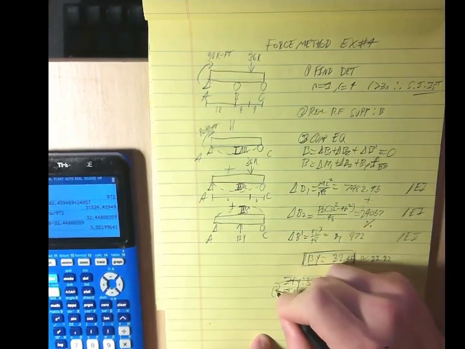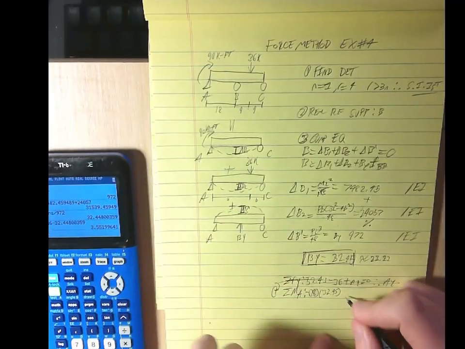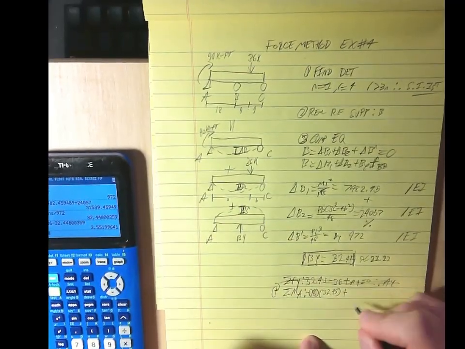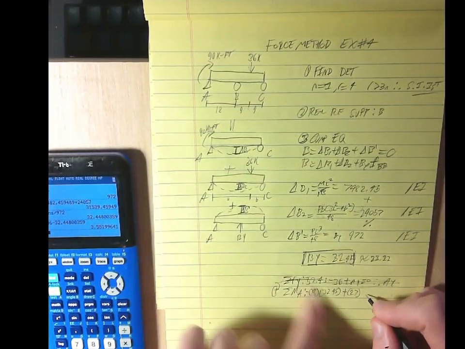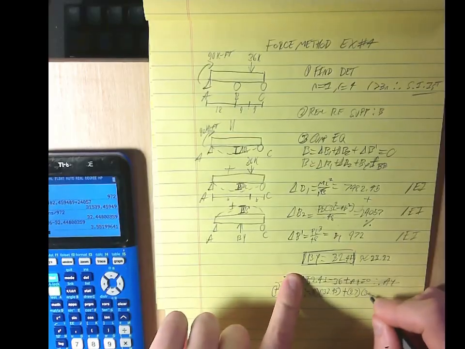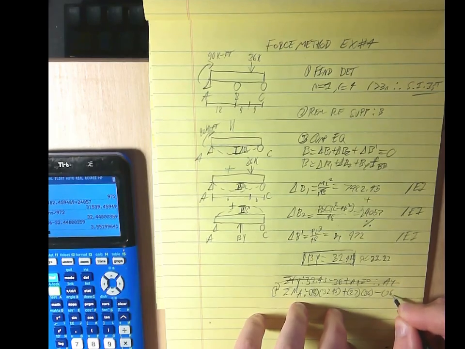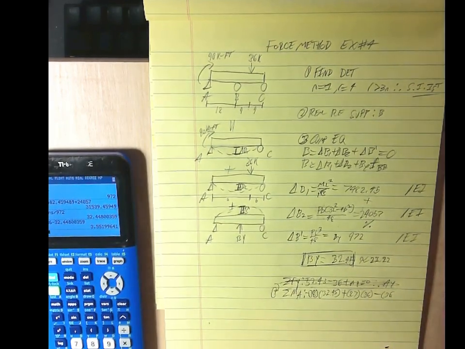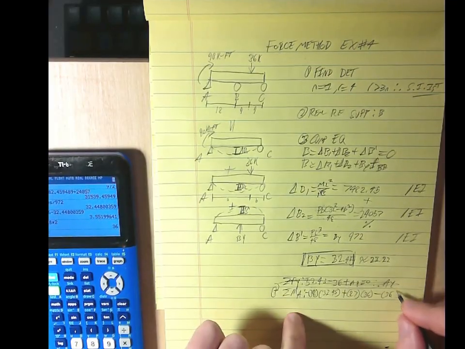Taking the moment to be positive in this way, that's going to be negative. Then it's going to be plus 27 times 36 minus 36. I believe that's 18 twice. C_Y.